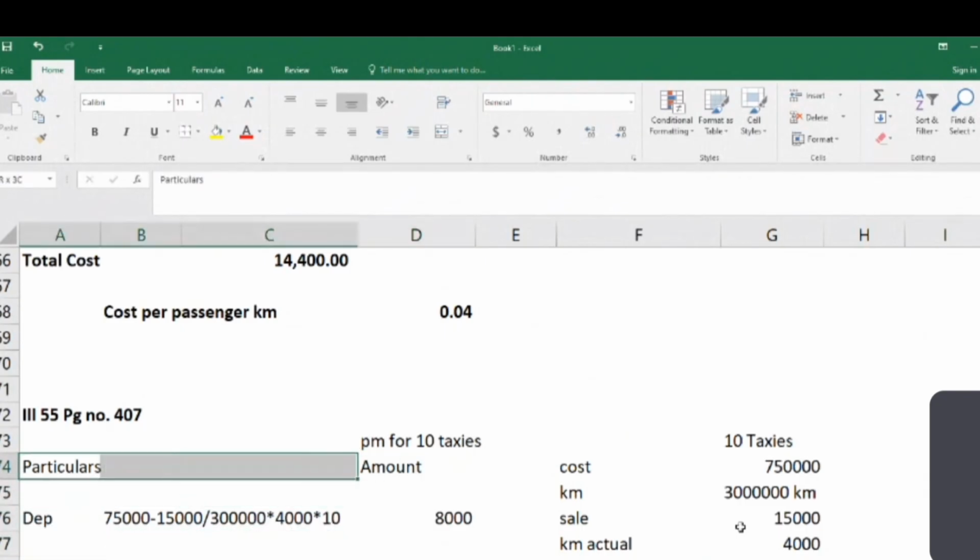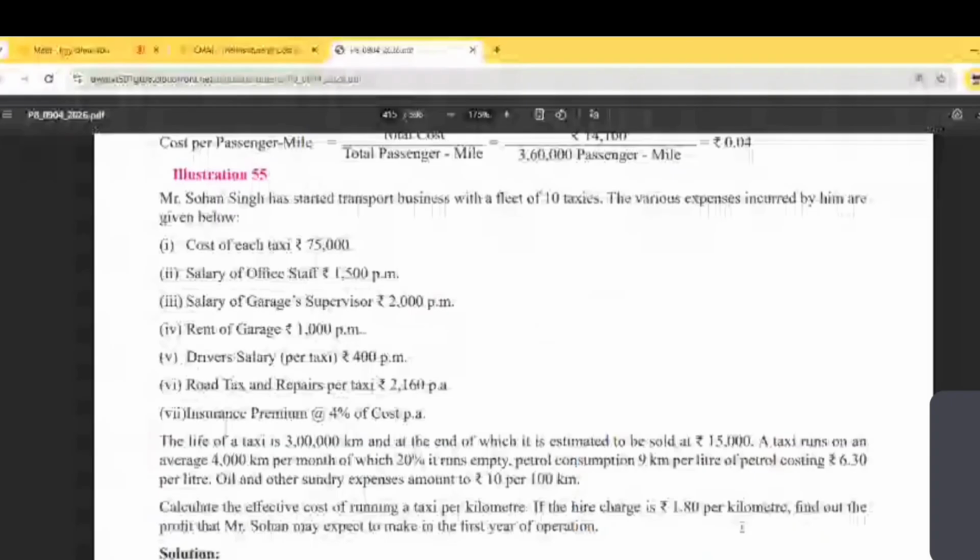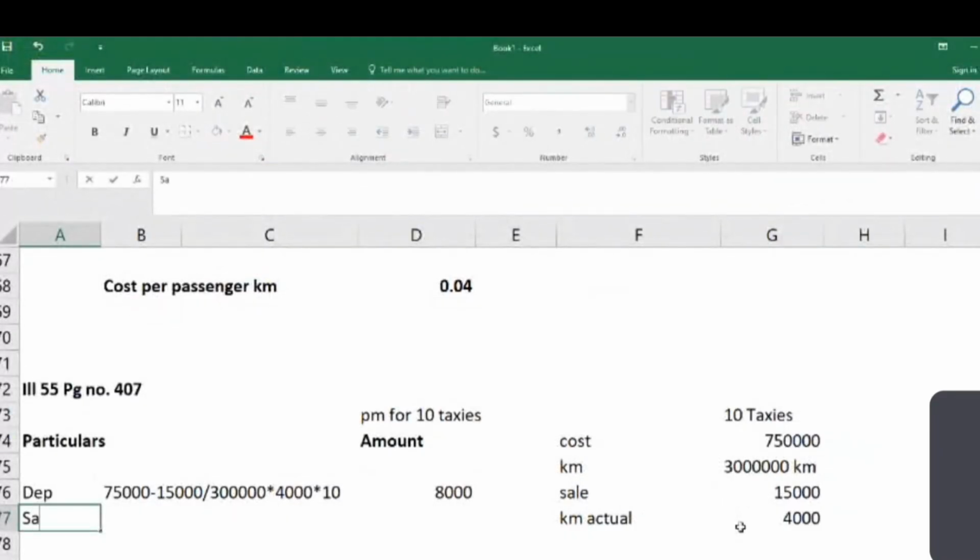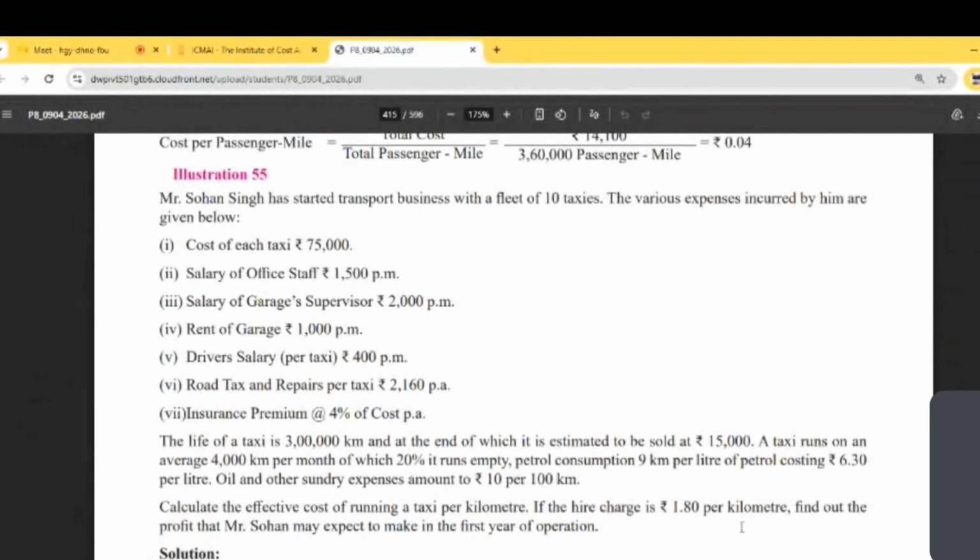You need not write this above, I am just writing it for your understanding. For the exam you don't write those things. Salary for office staff is 1500 per month. They are given as per month cost only, so we need not multiply by 12. We are arriving at the per month cost only, so we just take whatever they have given.